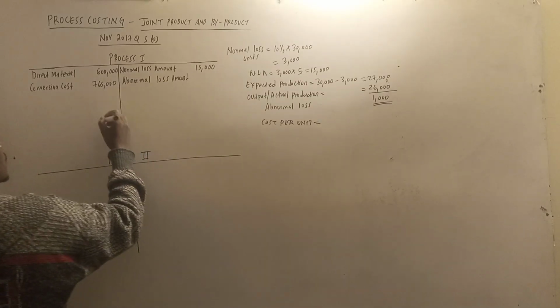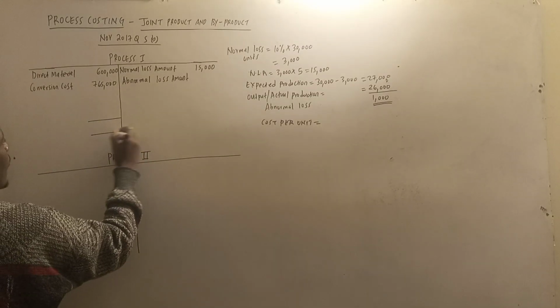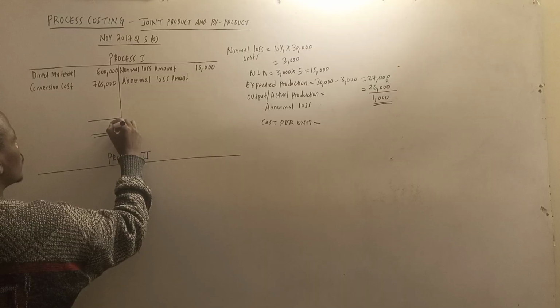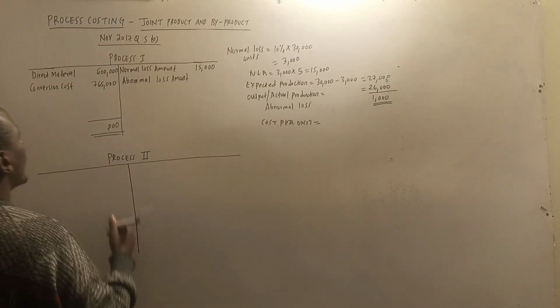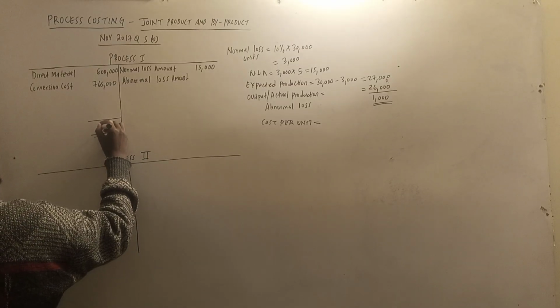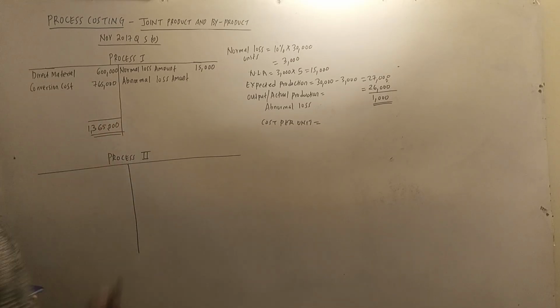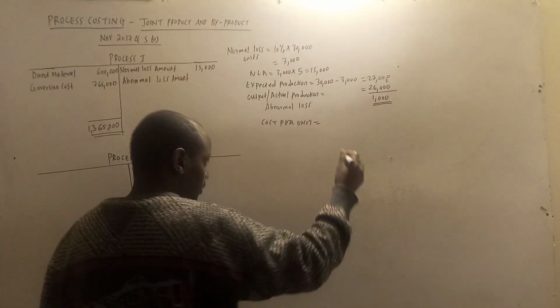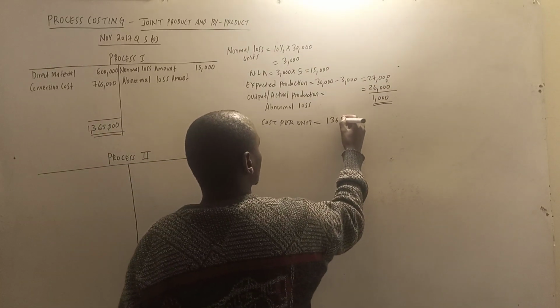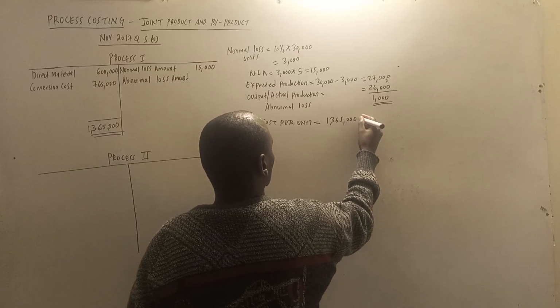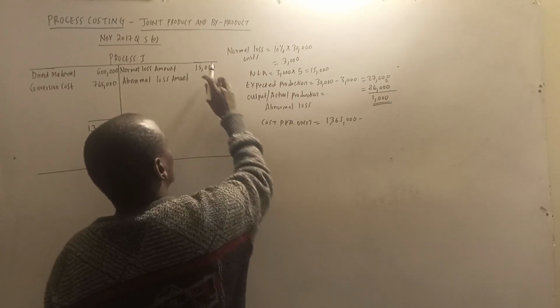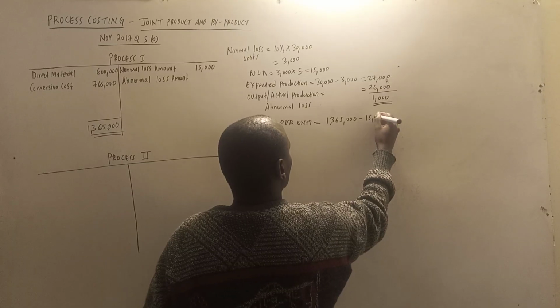So we add this together. 600,000 plus 765,000, I think it is 1,365,000. So total cost is 1,365,000 minus our normal loss 15,000.